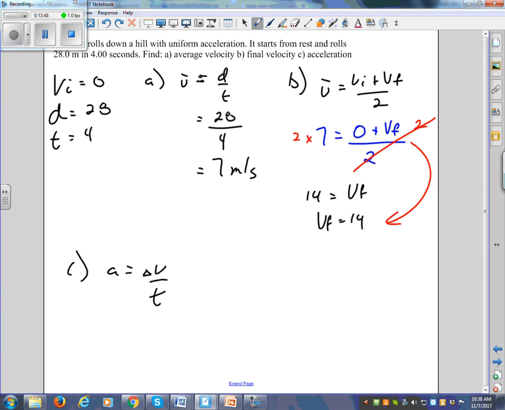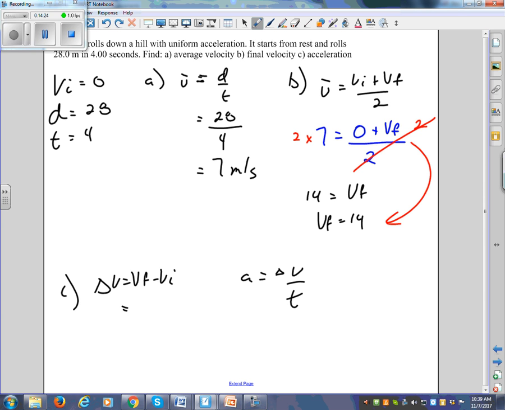I got the initial, I got the average, I got the final, I don't got the change. Here's where I'm at an advantage. You guys have to use a pencil and the eraser part. Whoopsie, I guess I have to erase. I can just move it over because I just realized that I have to find this one. VF minus VI. I got to find how much the velocity changes. I got to find delta V. Yes, I know I made you write something down, then you have to erase it. I'm sorry. You'll get over it.